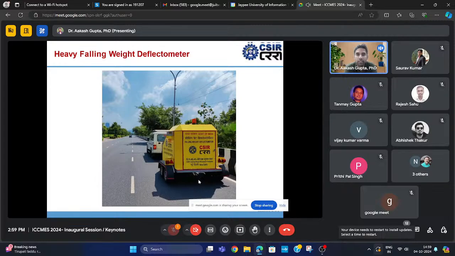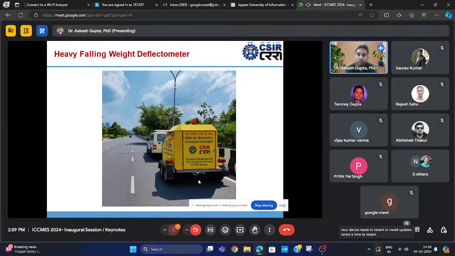So PCN is basically your pavement classification number. That pavement classification number we can determine using this heavy weight deflectometer. Now from November 2024 onwards, this PCN concept is changing, and for all the airports we need to take the PCR value.